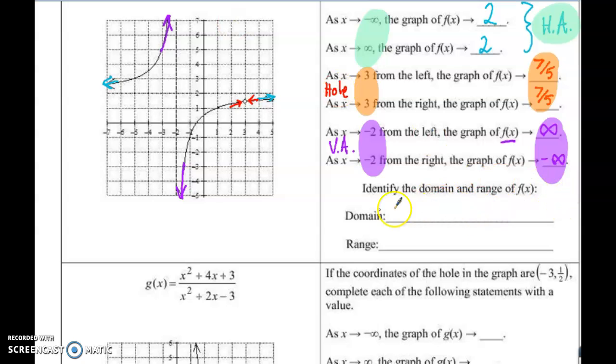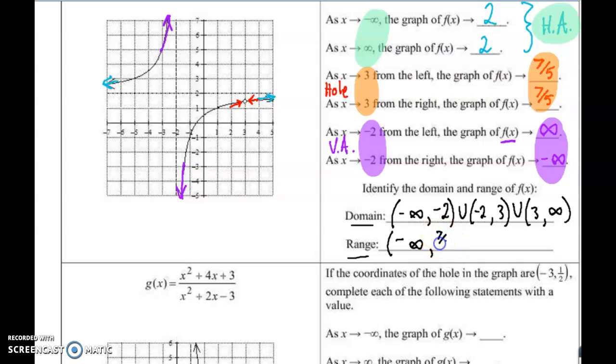Now you probably want the graph to answer the domain and range. By looking at the graph, you can say it goes from negative infinity infinitely to the left until you get to -2, and then from -2 until we get to 3, and then from 3 to infinity. And then same thing with the range. You want to look at the y values of the holes and the horizontal asymptotes.